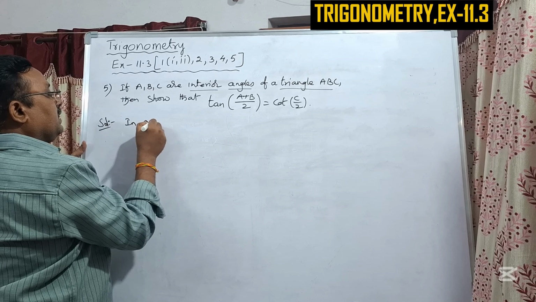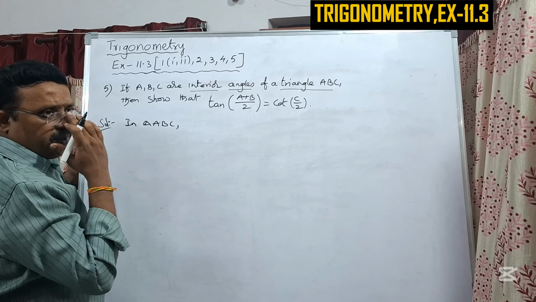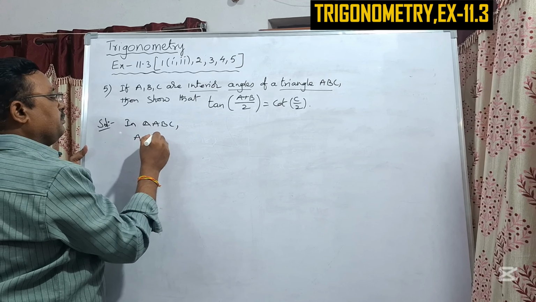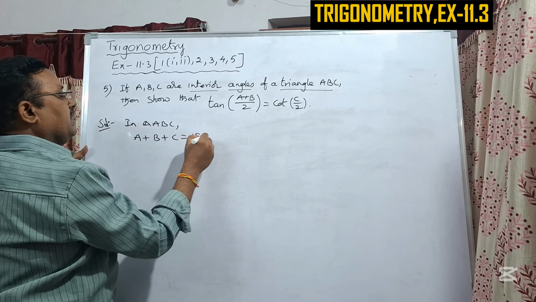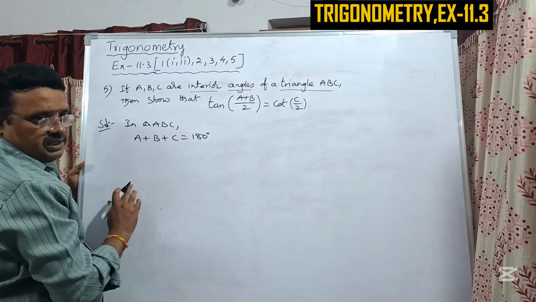In triangle ABC, by using the angle sum property, the interior angles will follow A plus B plus C is equal to 180 degrees. The sum of the three angles is equal to 180 degrees.